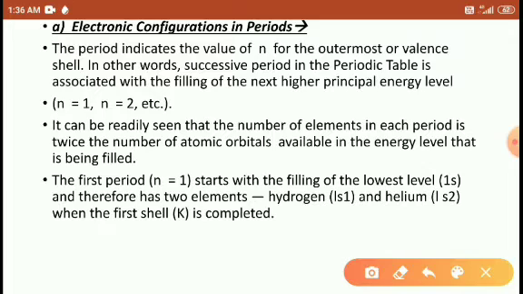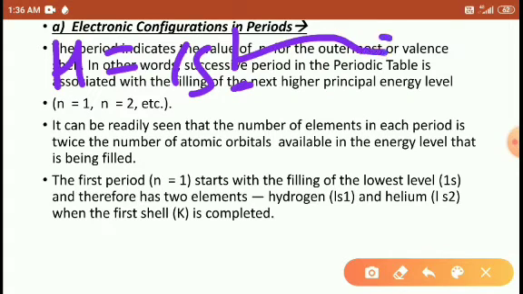So in this table, for example, hydrogen is 1s1. So 1 is the valence electron or outermost electron, and it indicates the first period.